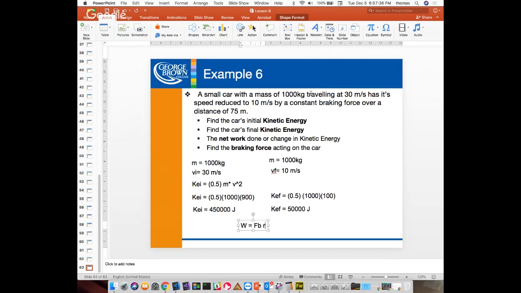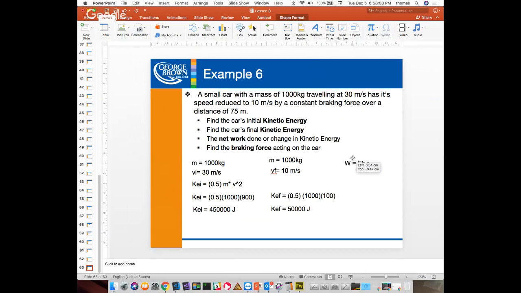Now there's no angle, because it's on a straight plane. The force is being applied parallel to the ground, because it's not like there's somehow a braking force coming from the sky, or you're going into the ground. You're going this way and braking the other way. So there's no cos. The cos of the angle is 1. So it's really the braking force times the total displacement.